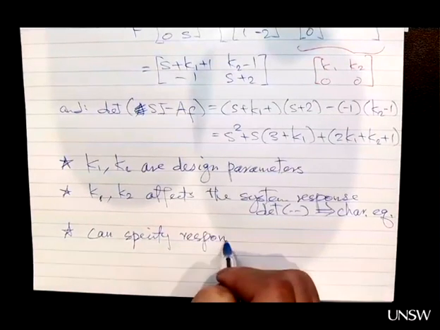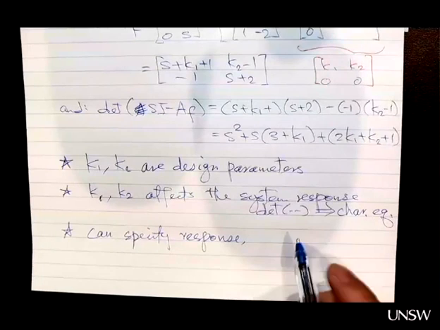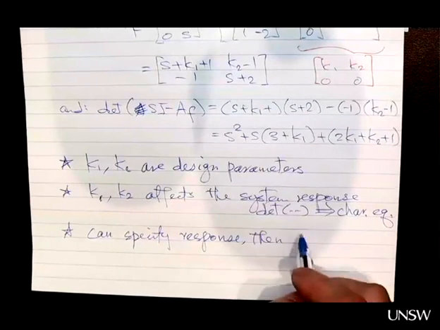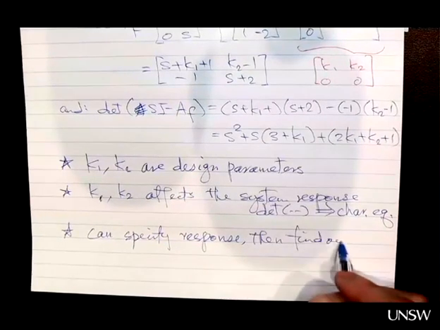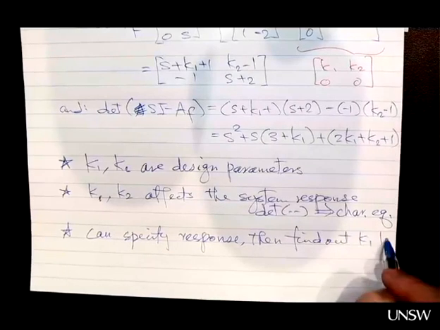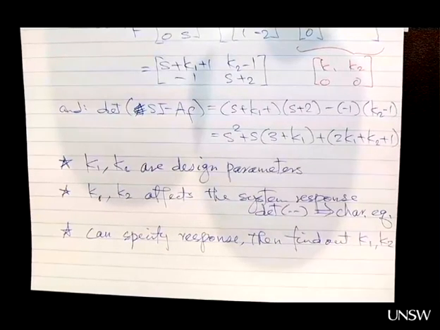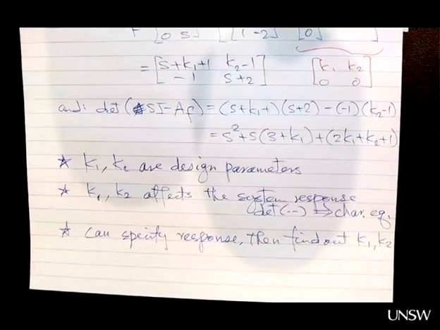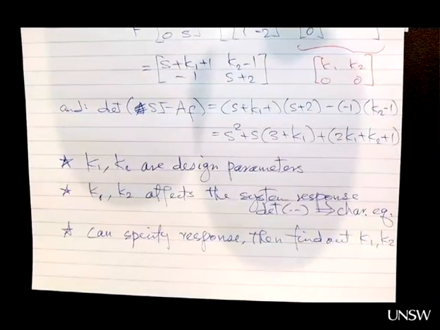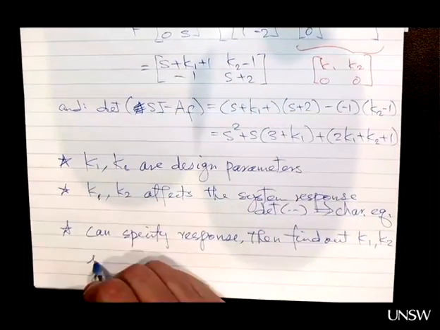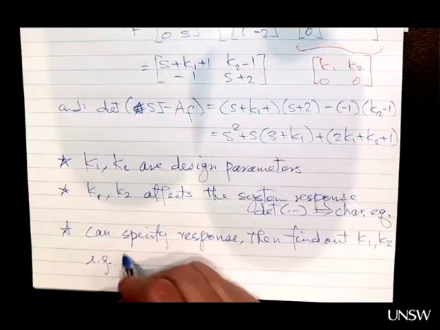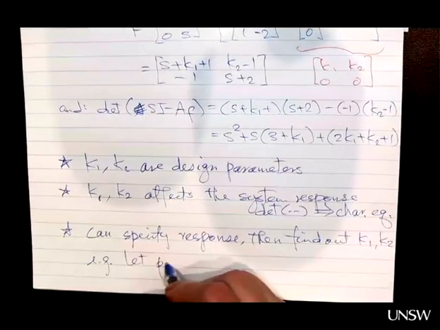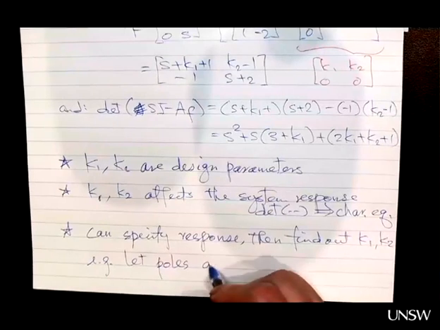Then find out K1, K2. So how do we specify the response? For example, we let poles at -1, -3.